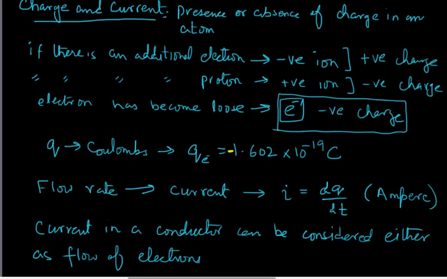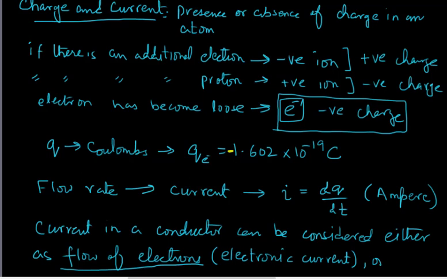So you can think of electrons flowing in the conductor, and that kind of current, the flow of electrons, is called electronic current.